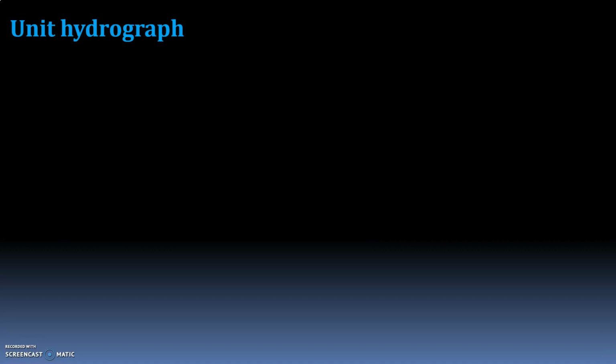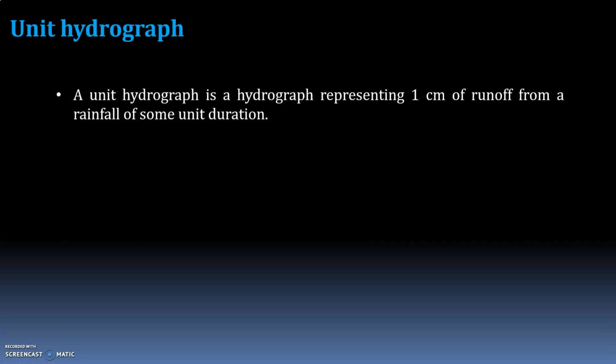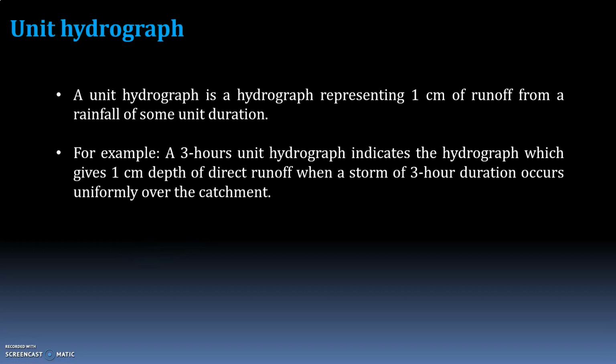Next, let us see about the unit hydrograph. What is this unit hydrograph? A unit hydrograph is a hydrograph representing 1 centimeter or 1 inch of runoff from a rainfall of some unit duration and specific areal distribution. Duration refers to the duration of a runoff producing rainfall excess that results in a unit hydrograph.